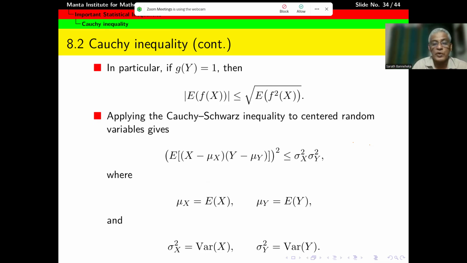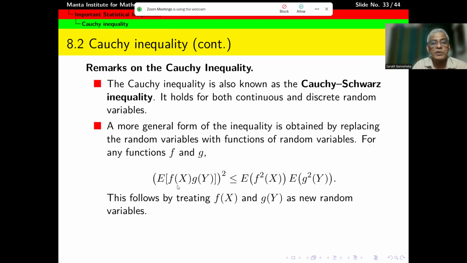Another special case is you can take f of x to be x minus mu x, right? So that means capital X minus the expected value of x. And you can take g of y to be y minus the mean of y, that is mu y.